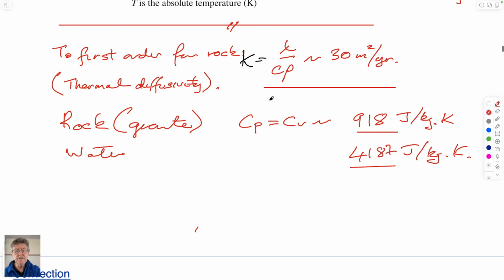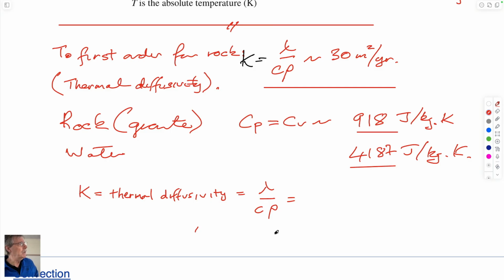So we'll define this: uppercase K is thermal diffusivity, equals thermal conductivity divided by specific heat capacity and density. And that's a useful number.